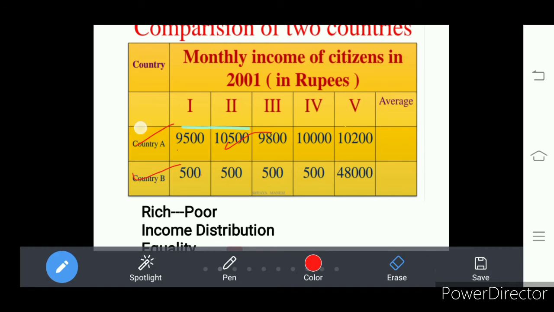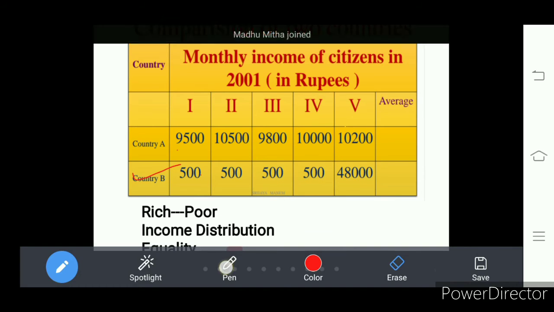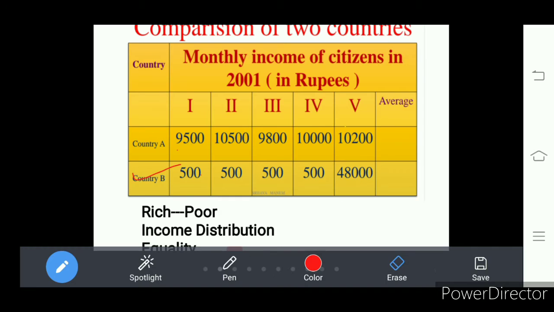Here, many of the people's monthly incomes are very, very less, right? Look at here, how is the income of a maximum people in country B? 500 rupees, right? Only the fifth citizen is earning 48,000, right?